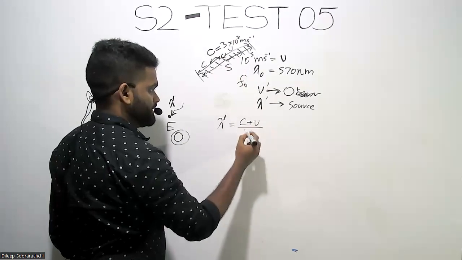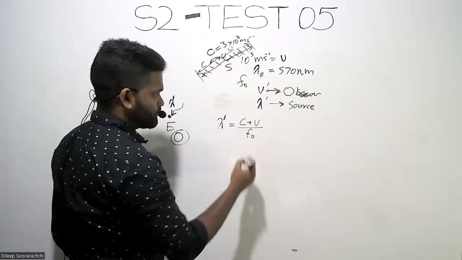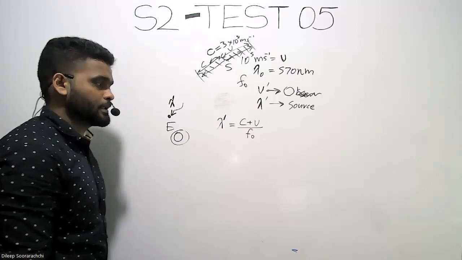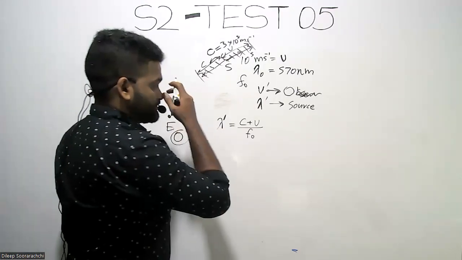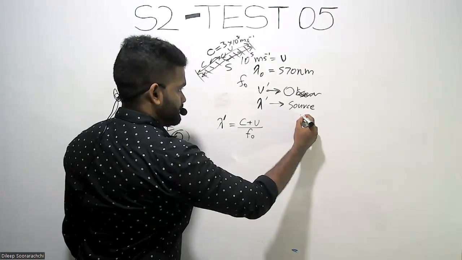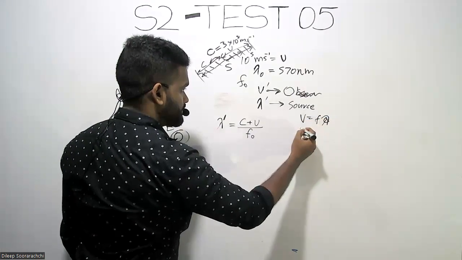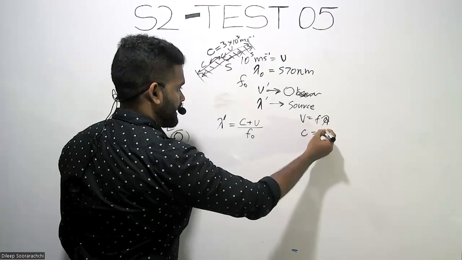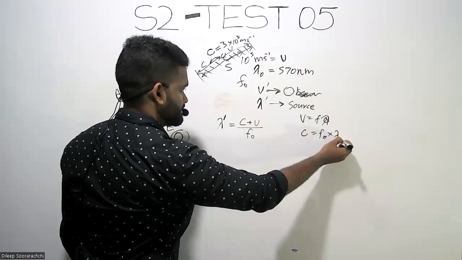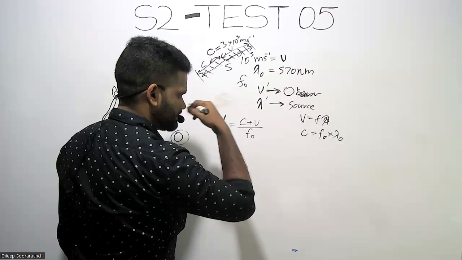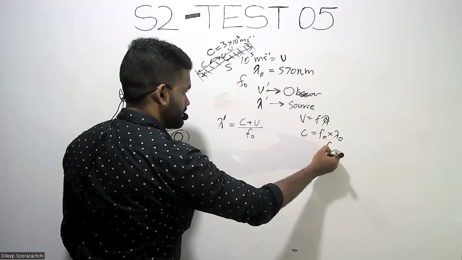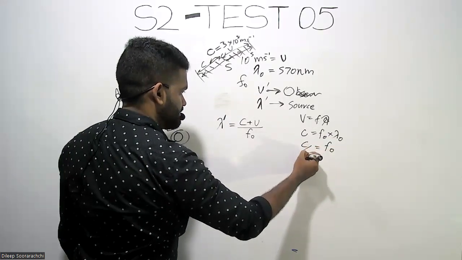So C plus V divided by the actual frequency f0. If you apply the equation v equals f lambda, here the v is c, the actual frequency is f0, and lambda is the actual lambda, true lambda. Then for f0 you can say c divided by lambda naught.